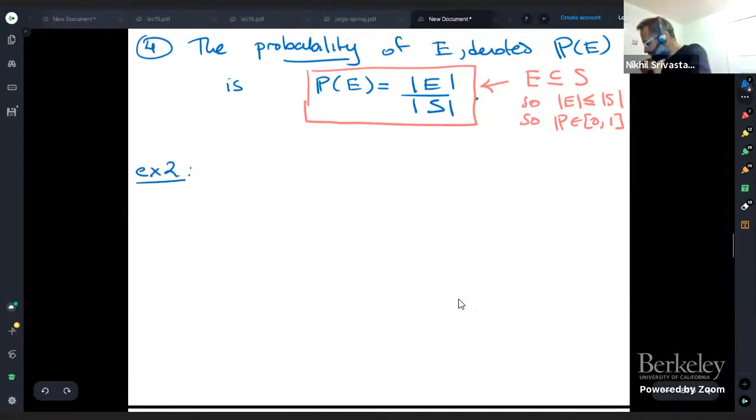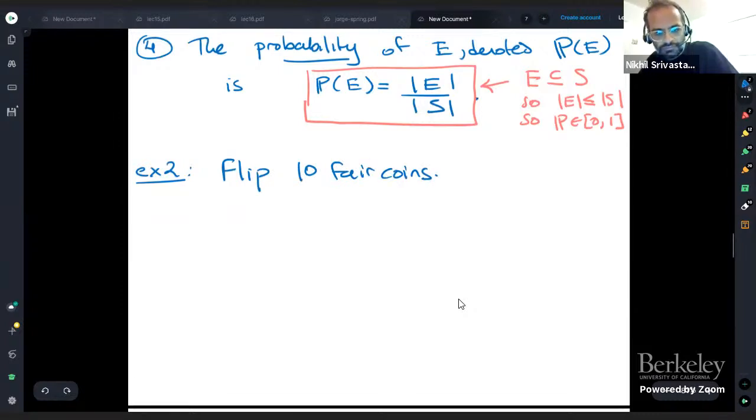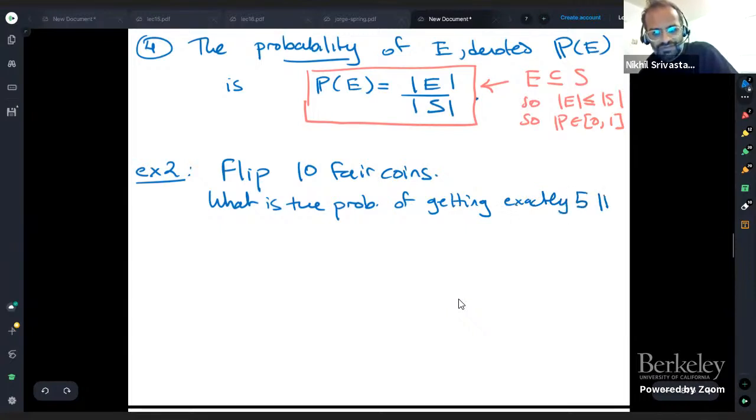Okay, let's do a few more examples. Here's another example. We flip 10 fair coins. What is the probability of getting exactly 5 heads?